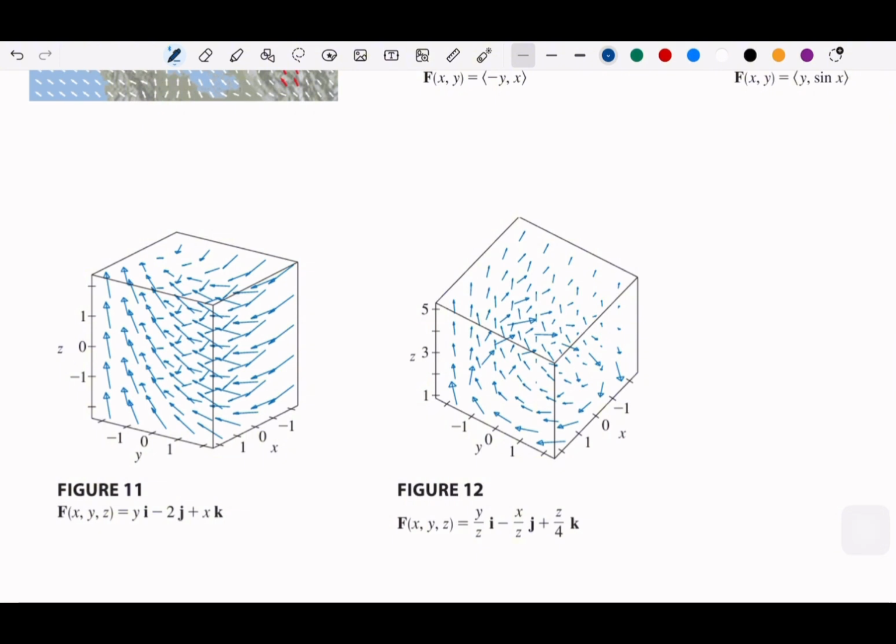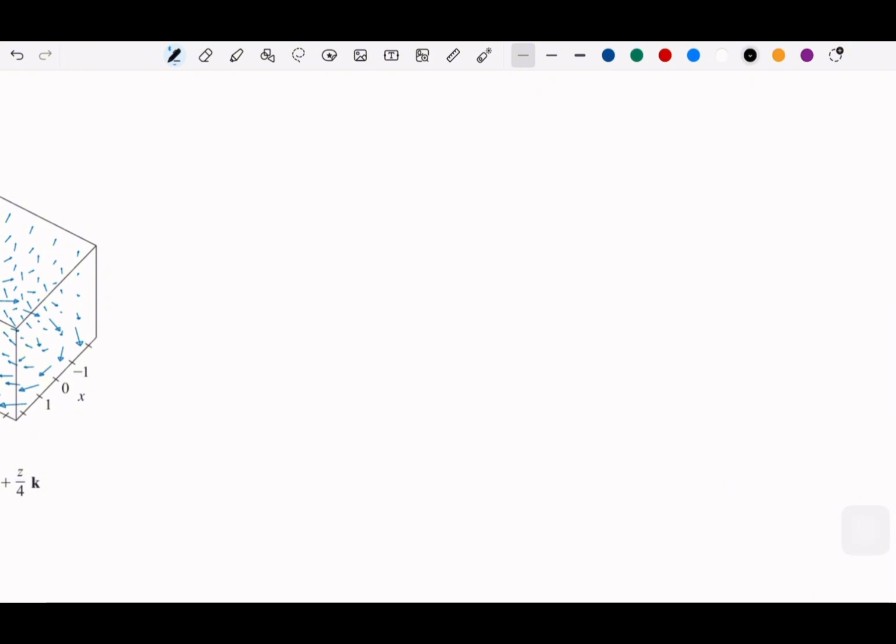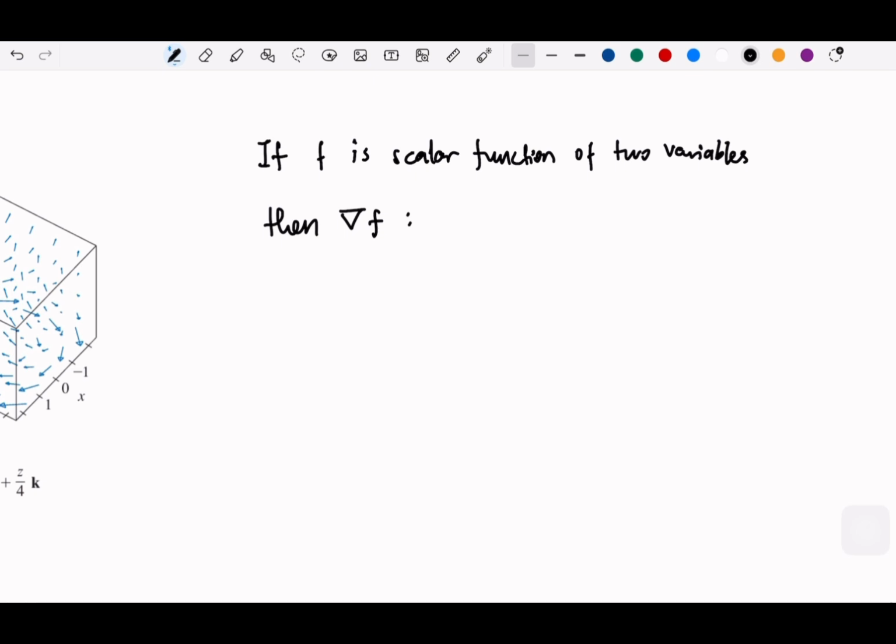And aside from the vector fields, if you remember the del functions, let's say if f is a scalar function of 2 variables, then the gradient vector, or del f, can be defined from our partials.